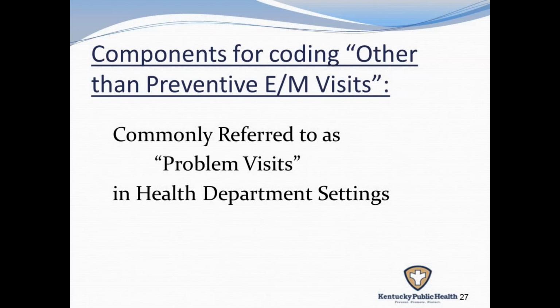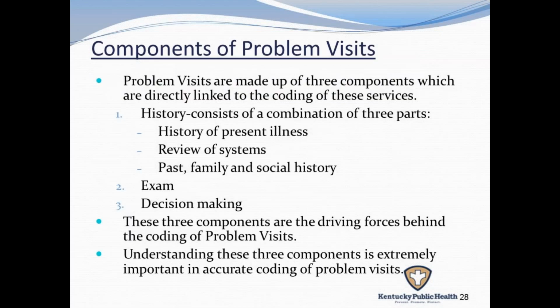Okay, now, components for coding other than preventive E&M visits, which is what we call the problem visits in the health department setting. So, problem visits, let's get into it. Problem visits are made up of three components which are directly linked to the coding of these services.